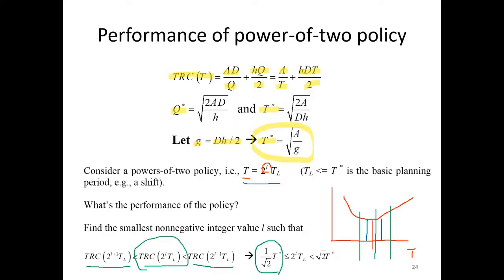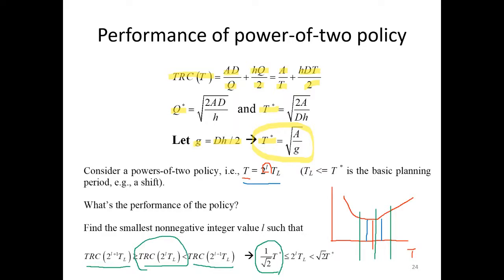It's like we are redefining the basic period to be some value within some range from T star. This is just a simplification. Instead of calculating the total relevant cost at L plus 1 and L minus 1, I use T star in my calculations. And when I do my substitutions, I get the two limits defined at 1 over square root 2 T star, and the other at square root 2 T star.